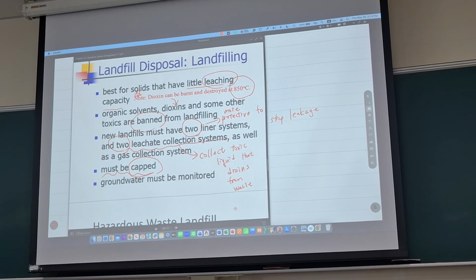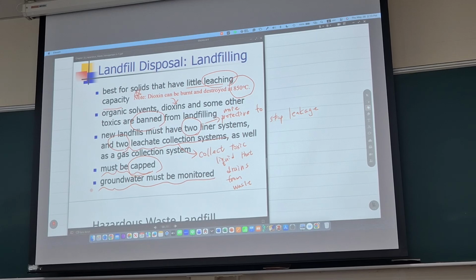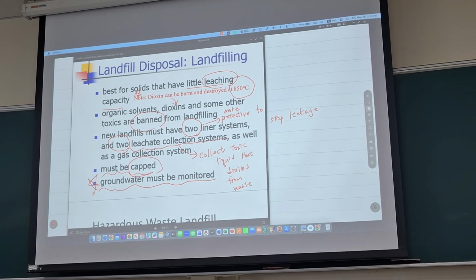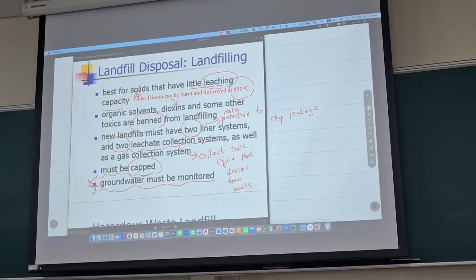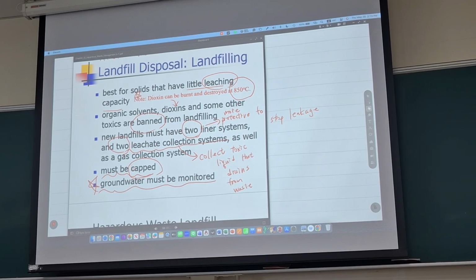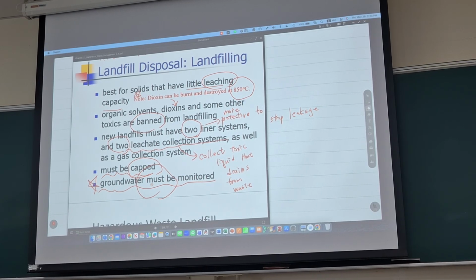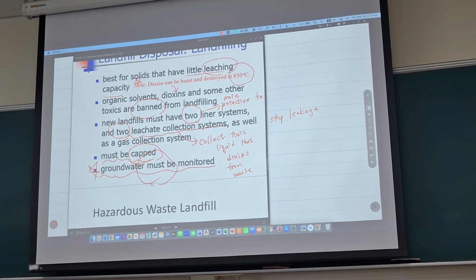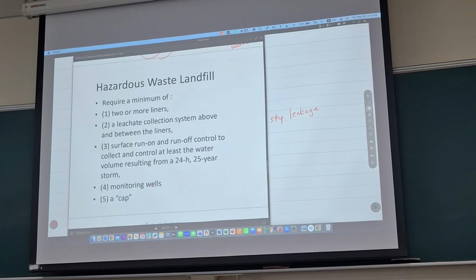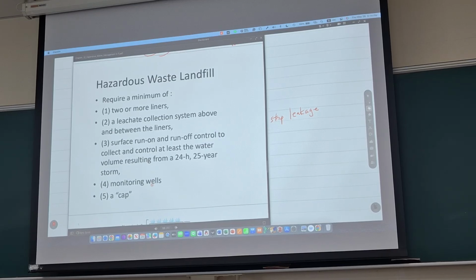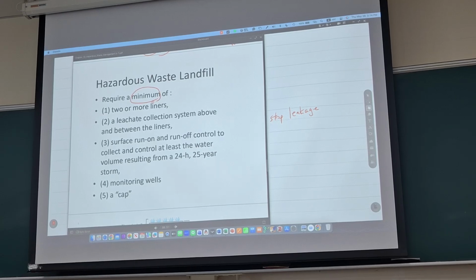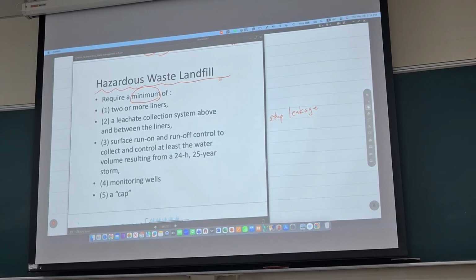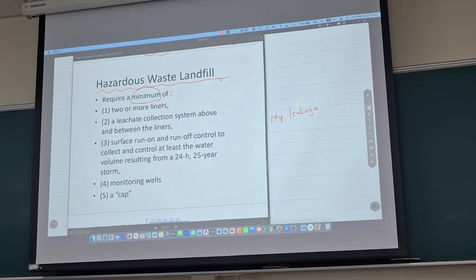For the hazardous waste landfill, the groundwater must be monitored. So these are the minimum requirements for the hazardous waste landfill.